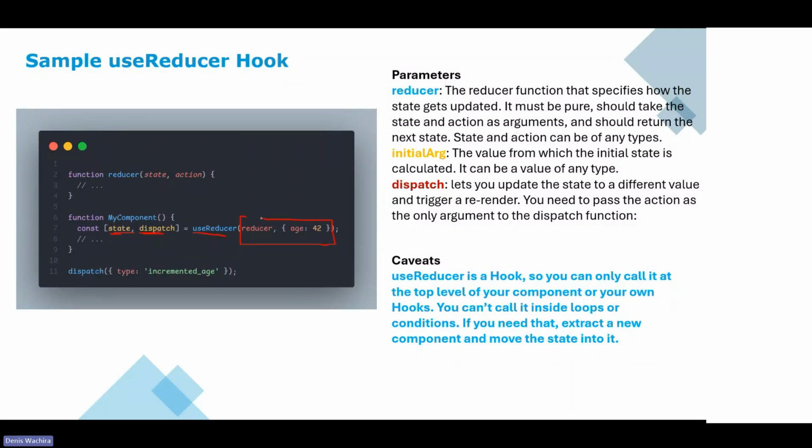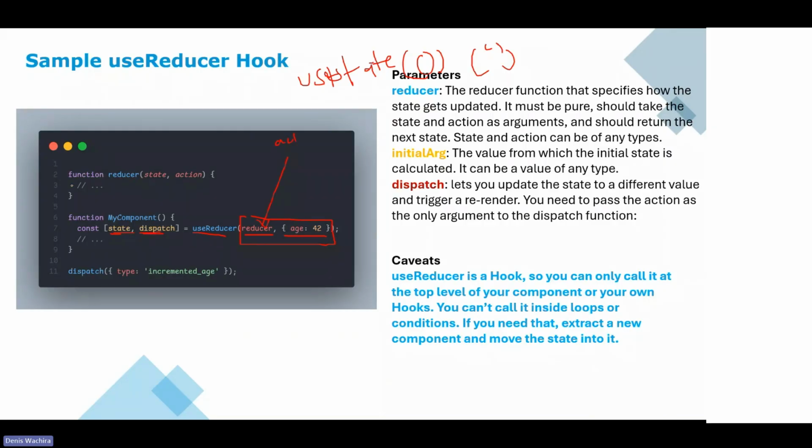What did we pass on useState? On the useState function, we only passed the initial value like 0. If it's a string, you pass an empty string. But useReducer expects two parameters.